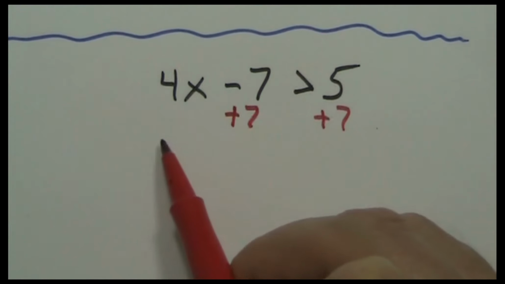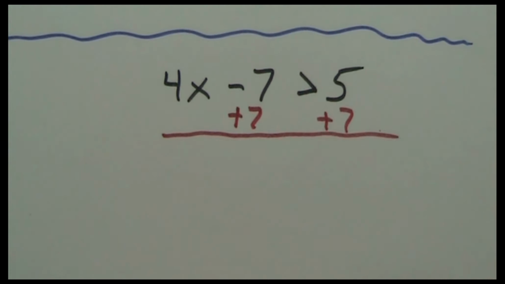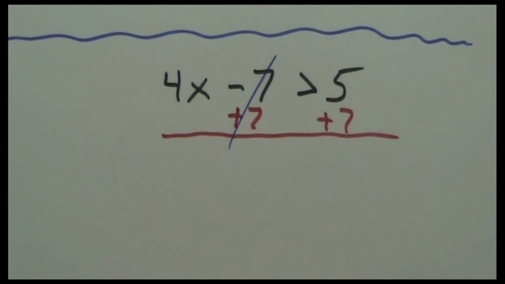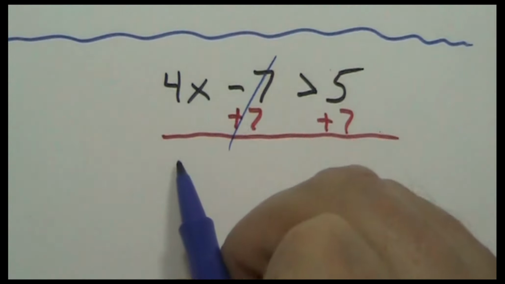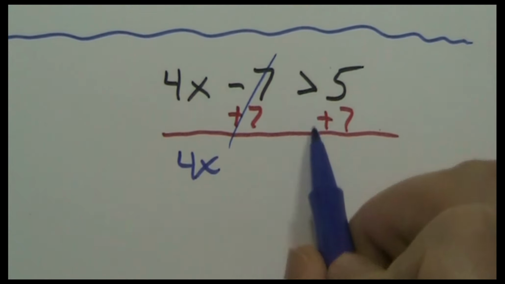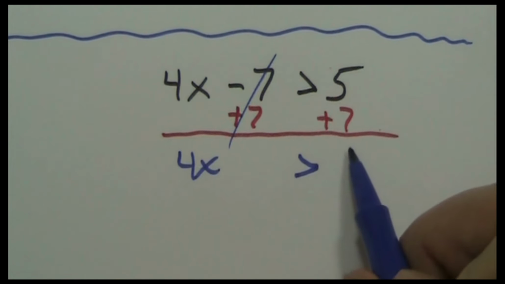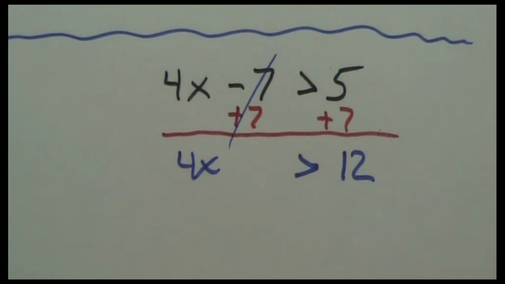You don't want to make it 0. So we add 7. That is now 0. And you are left with 4x, that symbol, more than 5 and 7. 5 plus 7 makes 12.